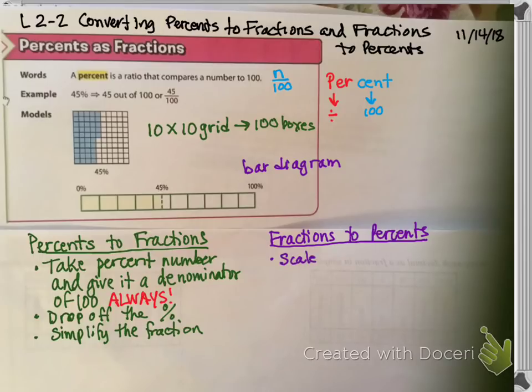So again, we're going to scale up using multiplication, or scale back, which is using division, to make a denominator of 100. So I'm going to abbreviate denominator as denom of 100. So again, what we need to do is look at the denominator that we have, and we're just going to kind of focus in on him.